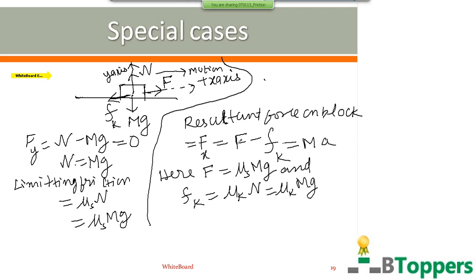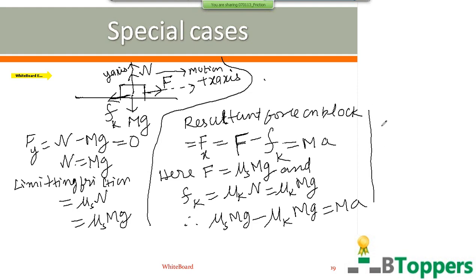So we'll substitute here on the left side capital F equal to mu s mg and Fk equal to mu k into mg. Therefore we get mu s into mg minus mu k into mg, that is equal to mA.